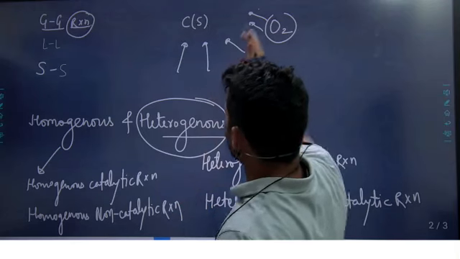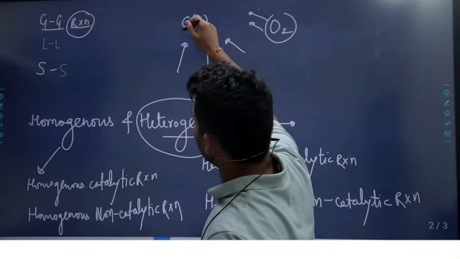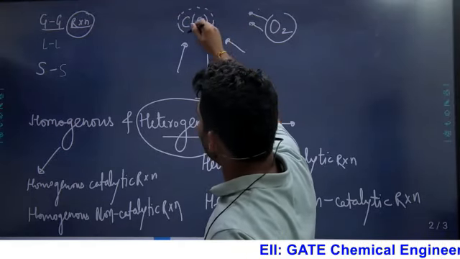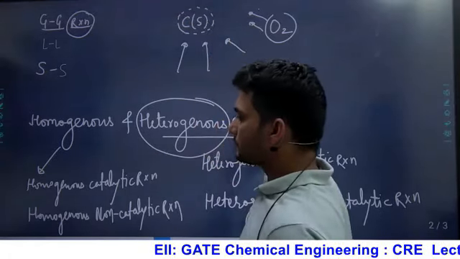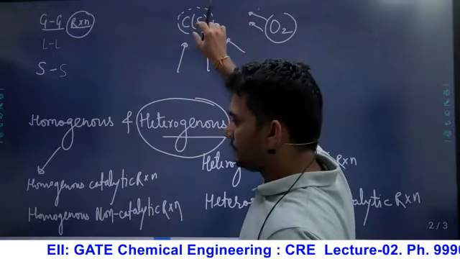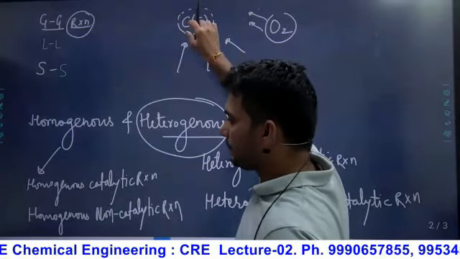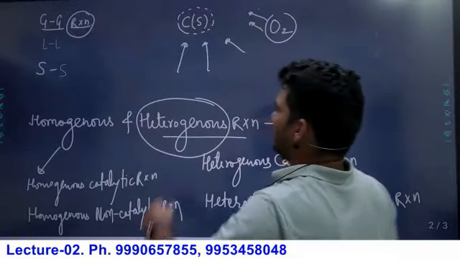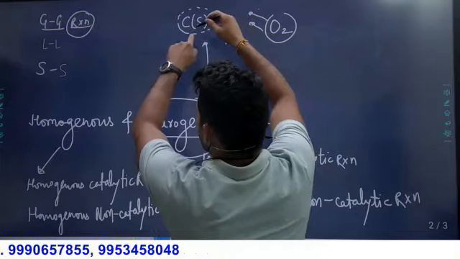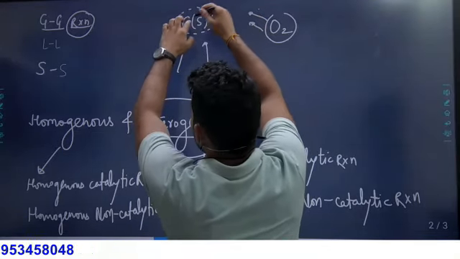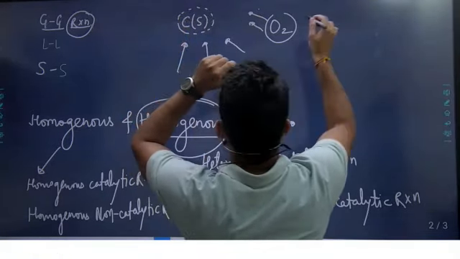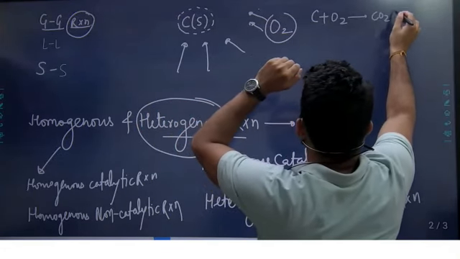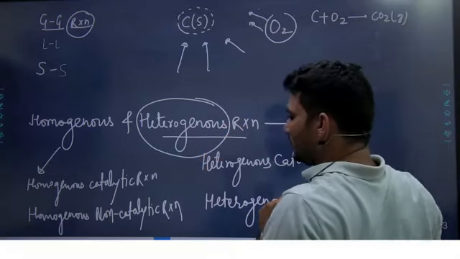So around the carbon there will be an air film. The air will cross this air film and reach the surface of the carbon. Then the reaction will take place. C plus O2 gives CO2, and heat will be liberated.